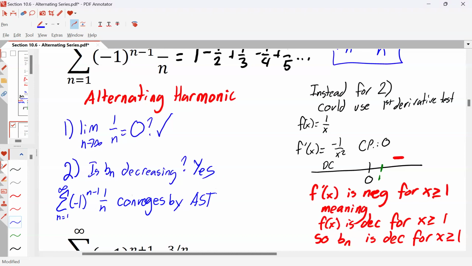In this case, for the sentence, the reasoning is these two statements. And since we have shown them in our work to be true, we don't need them in the sentence. But we have our series converges or diverges by the test. So what this means for us as we move forward, the alternating harmonic series converges. And so if we ever see the alternating harmonic series, we can say, I know that converges.